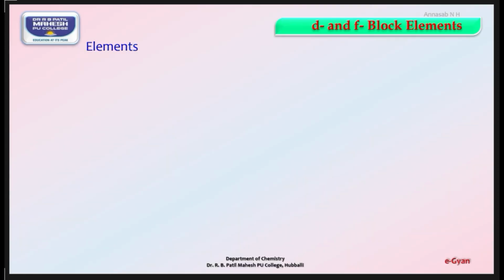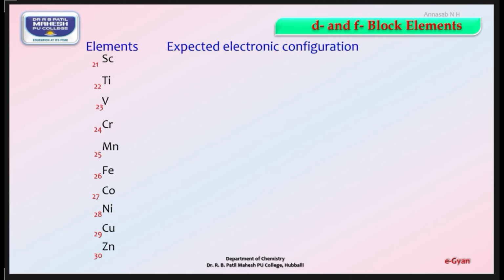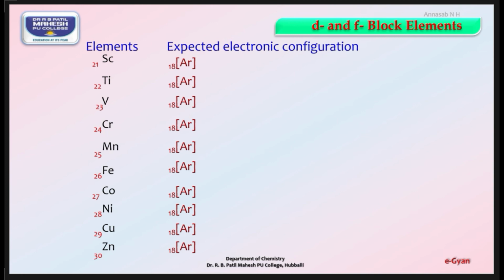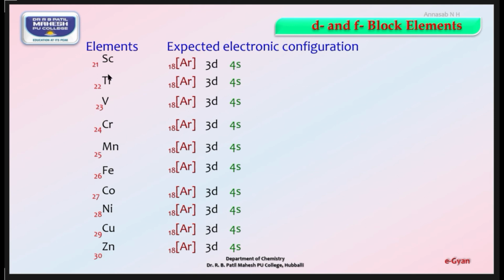Further, the next part of the video lecture: electronic configuration of the 3d series. The elements we have are scandium, titanium, vanadium, chromium, manganese, iron, cobalt, nickel, copper and zinc. The expected electronic configuration is argon 4s and 3d. As we add electrons into the 3d subshell, 4s2 is common, and the electron always enters the 3d.